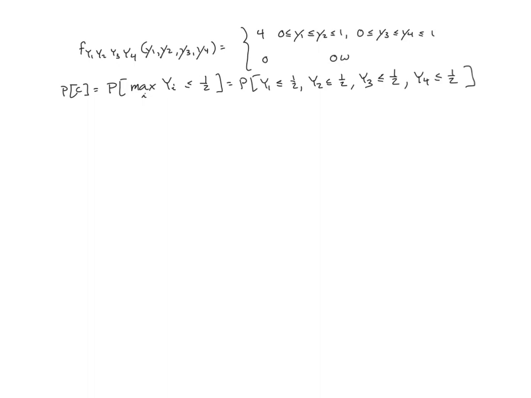And now one approach from here is to just simply look at this PDF really hard and stare at it, and then write the appropriate limits of integration because you're kind of just good at understanding what these two sets of constraints, this set for y1 and y2, and this set for y3 and y4 represent.